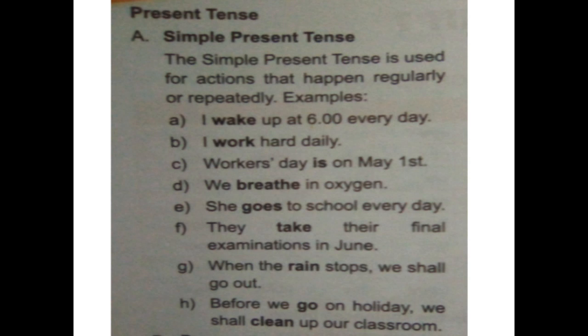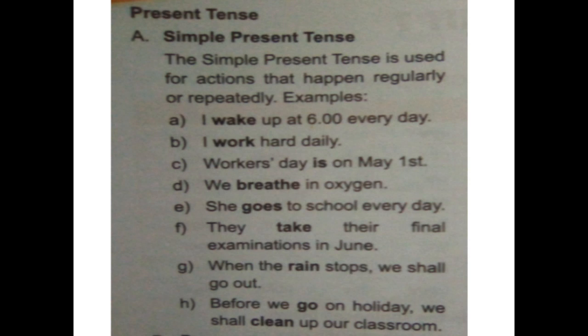That means these are repeated actions. These are actions that you do all the time. You can think about an action that you do regularly. Take, for instance, you go to school every day. No, not every day. Like now, from Tuesday to Friday. Initially, it was Monday to Friday. But here we are even in a class.